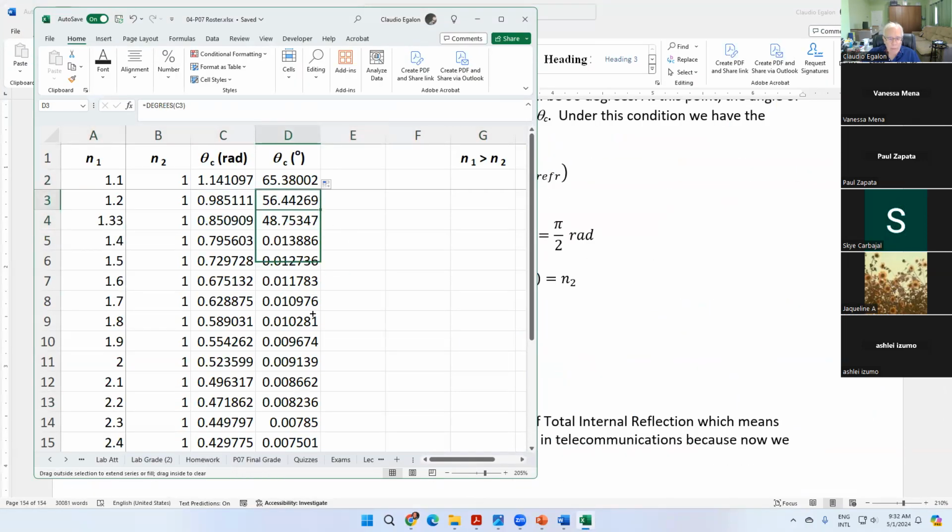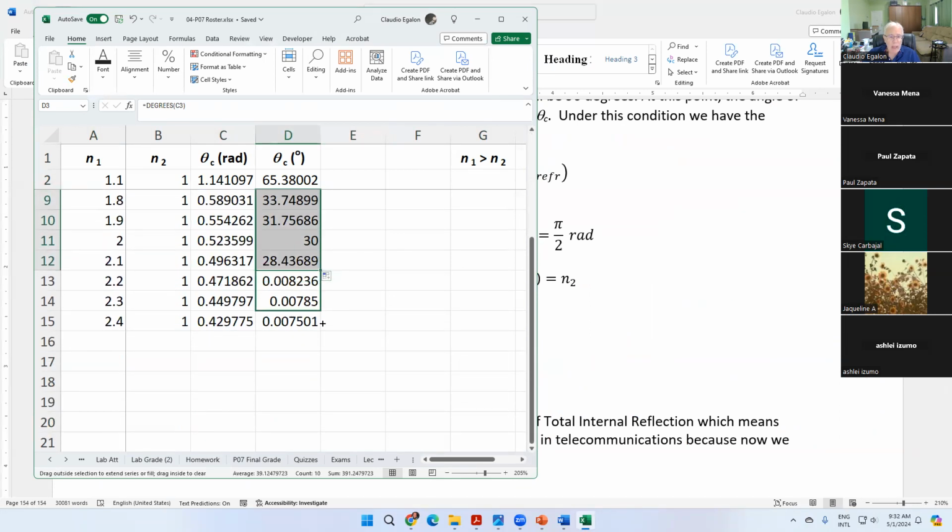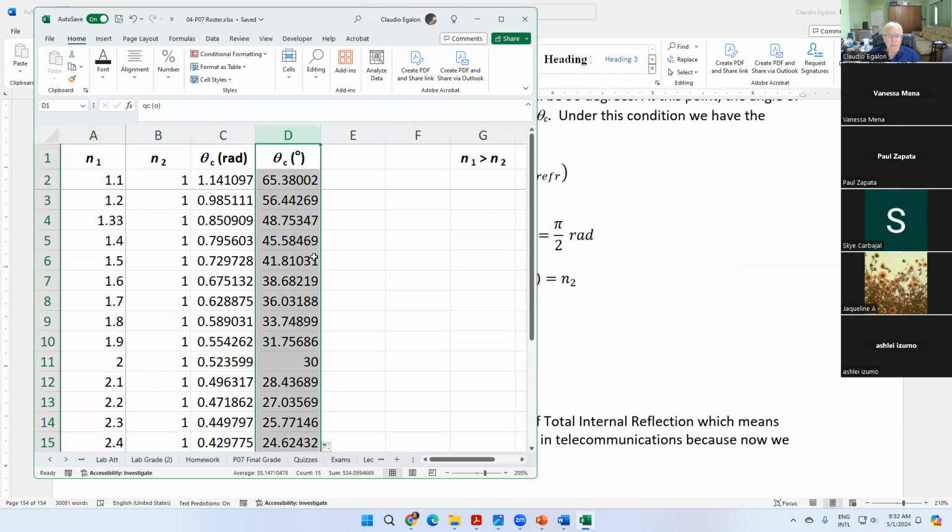And we can keep on going to higher and higher refractive indices. As the refractive index of the first medium increases, it becomes easier and easier to reach the critical angle. Don't forget, here is 65 degrees from the normal. Here is 56 degrees from the normal.